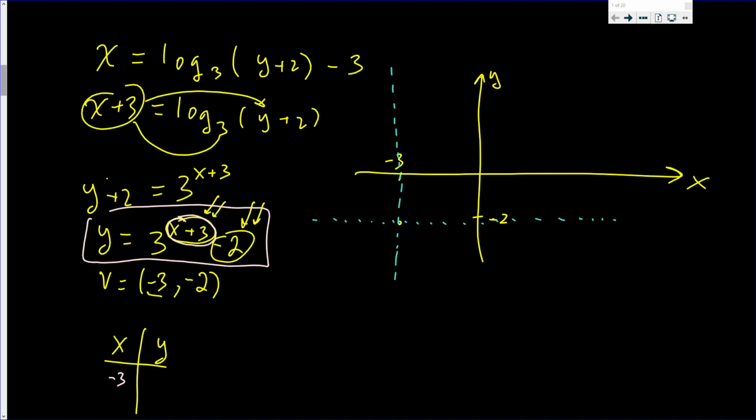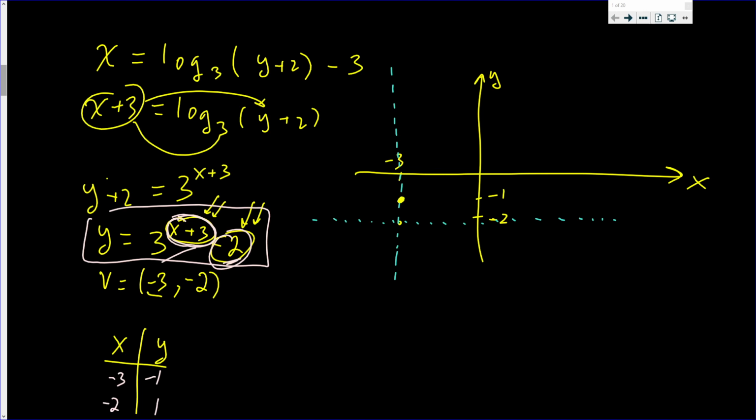Well, 3 to the 0 is 1. Take away 2 is negative 1. Then, what makes this power equal to 1? And the answer is when x is negative 2. Negative 2 plus 3 is 1. So 3 to the 1 is 3, minus 2 is 1. Those are my 2 points. When x is negative 3, I go down 1.